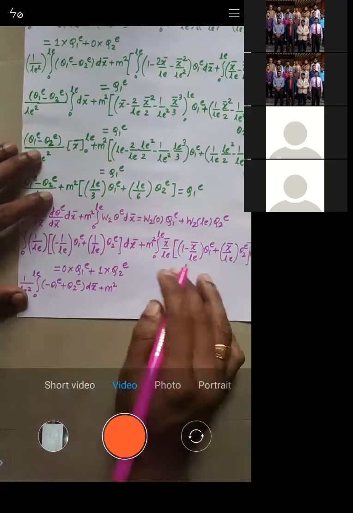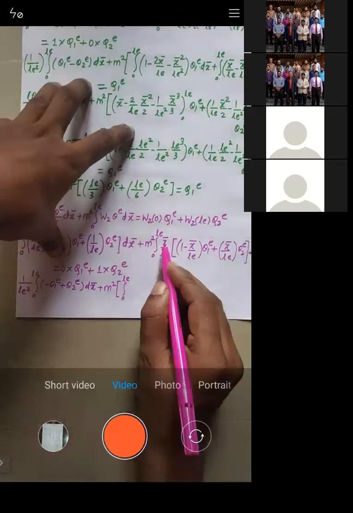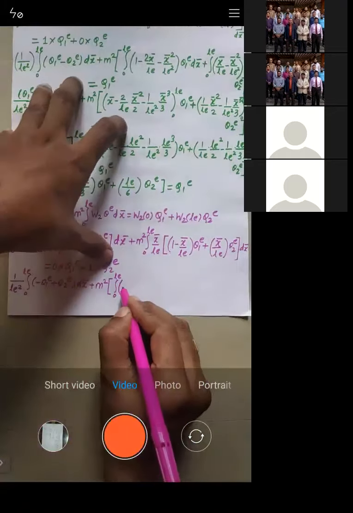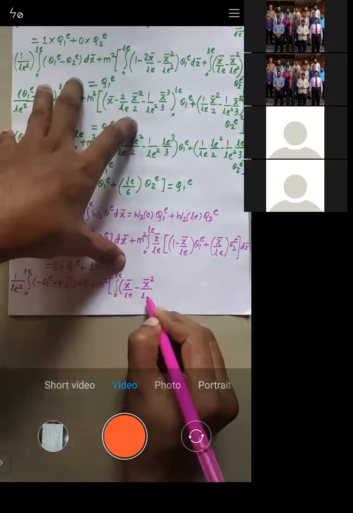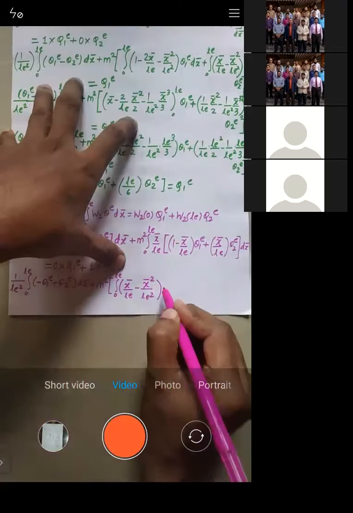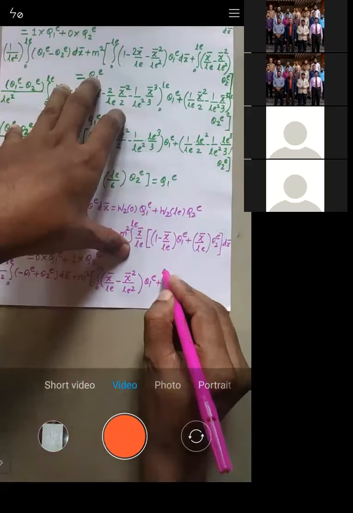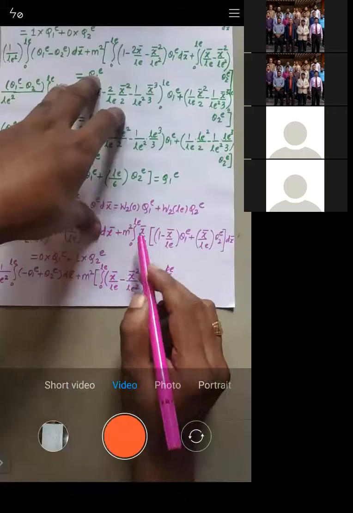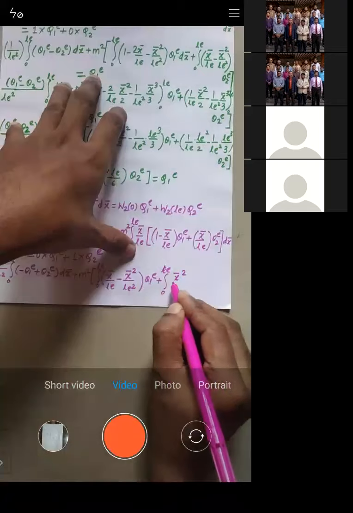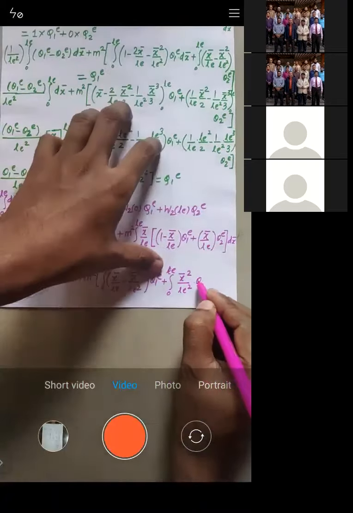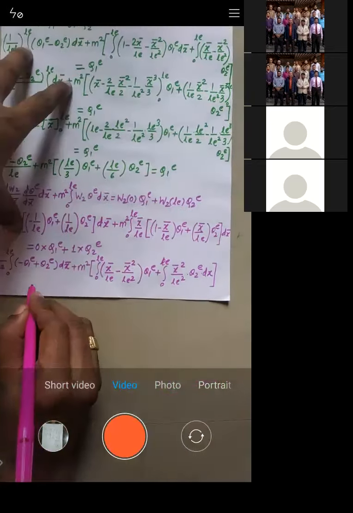Now we need to multiply this. M square, inside a bracket I will write 0 to LE, this into this term. So I'll write this as x bar by LE minus x bar square by LE square, into theta 1E, plus again 0 to LE, x bar by LE into this term, so this becomes x bar square by LE square, into theta 2E dx bar, equal to Q2E.